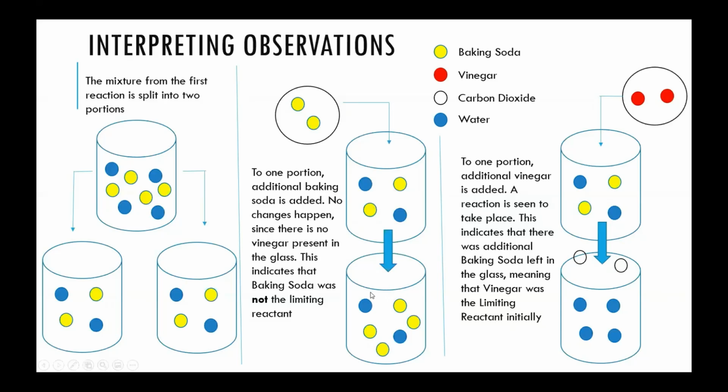And you're going to be doing two reactions of this at home. So you're going to prepare the baking soda solution just once, and then you're going to mix that with vinegar in two different portions, two different ratios. And those ratios are given in your unknown file.